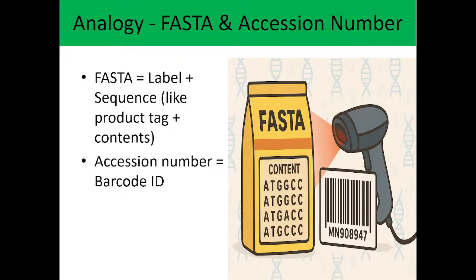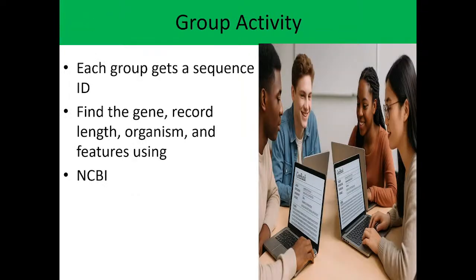When you scan, it tells you whether a drug is original or fake. Some have a unique number, and by the time you scan them, it tells you whether it is original or not. So whenever you see any FASTA, the components of any FASTA are going to be outside. We are going to see this.